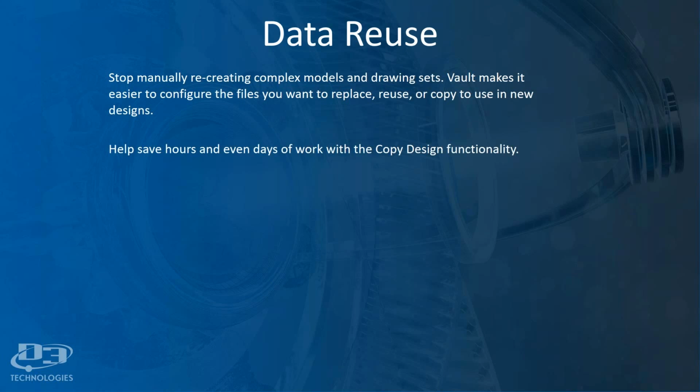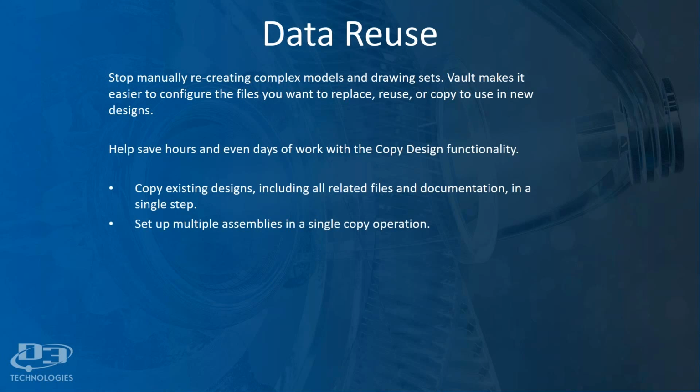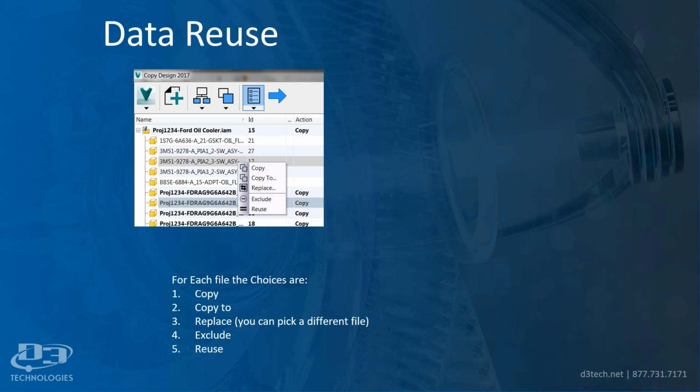You could copy existing data on designs, including all related files and documentation, in a single step. You could set up multiple assemblies in a single copy operation, automatically rename copied files and standardize naming schemes.